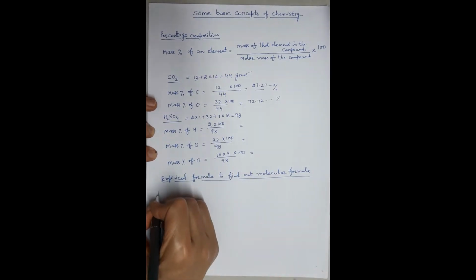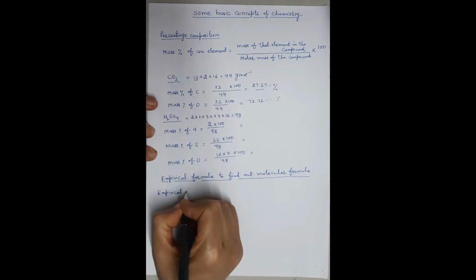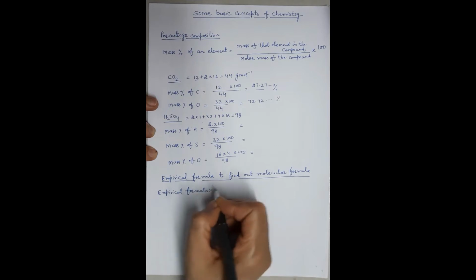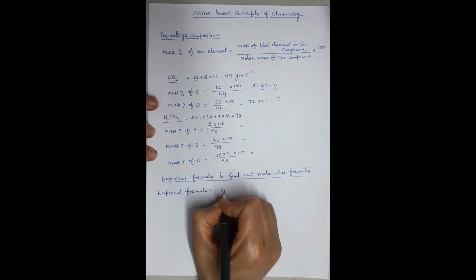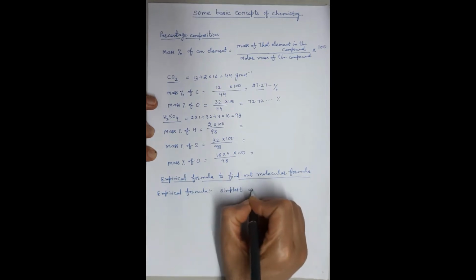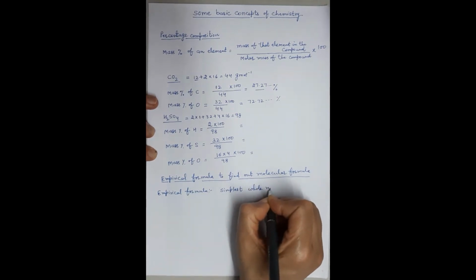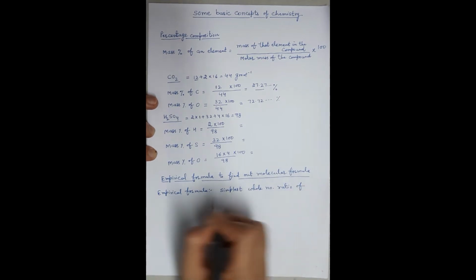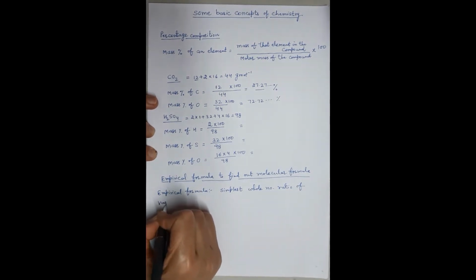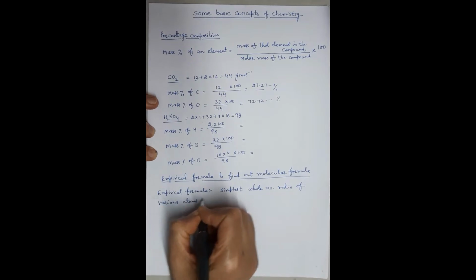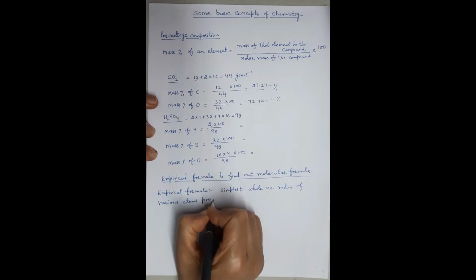First of all, try to understand what is empirical formula. Beta, empirical formula is the simplest whole number ratio of various atoms present in a compound.